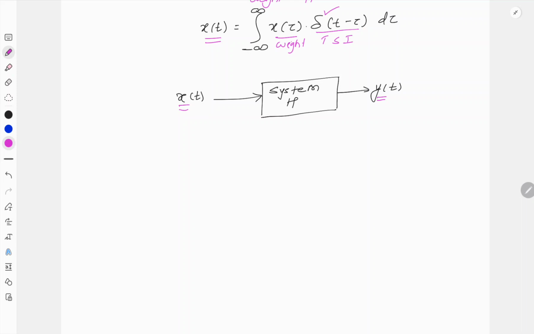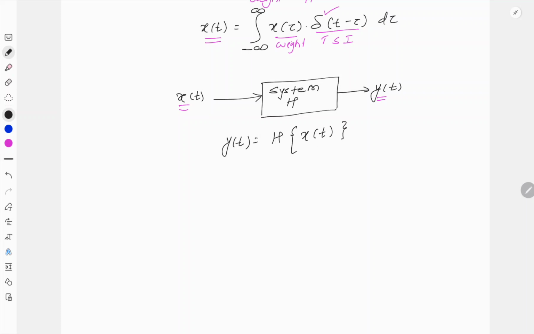So as we know the concept of impulse response, which is denoted as h, the transfer function operating on the input delta of t. The same concept is applied here, and now our output y of t will be equal to the transfer function operating on the input x of t signal.